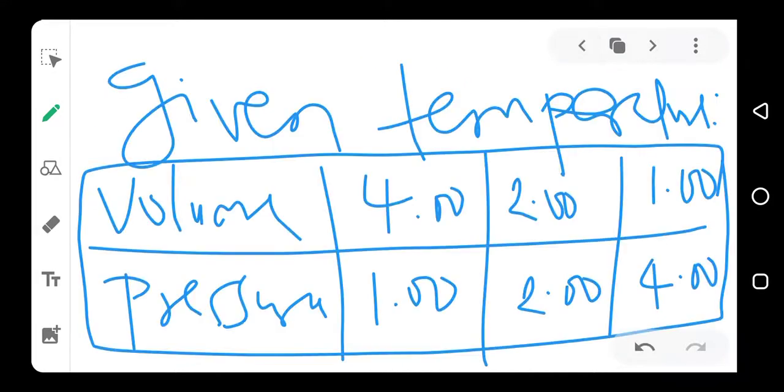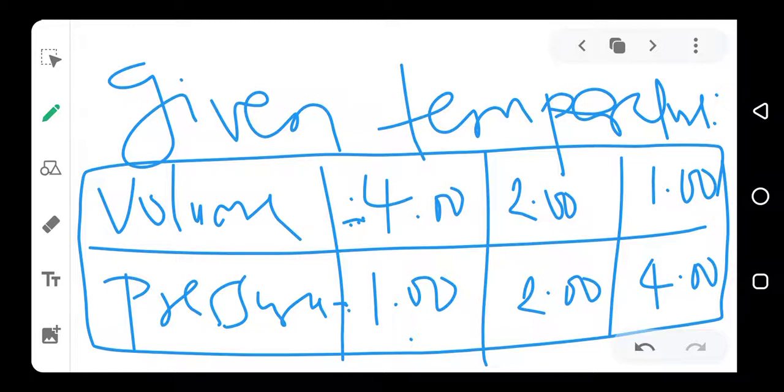Let's pick the first column: volume is 4 and pressure is 1. So this is our V1 and this is our P1.